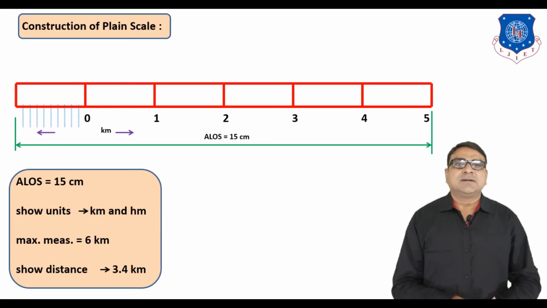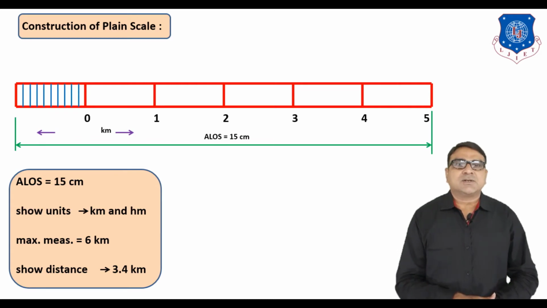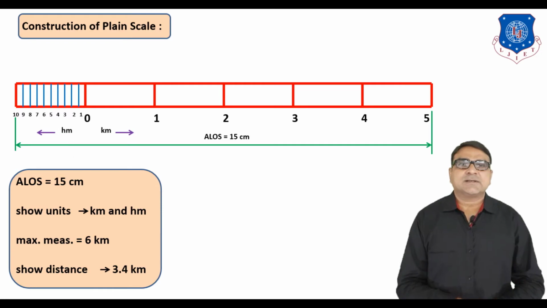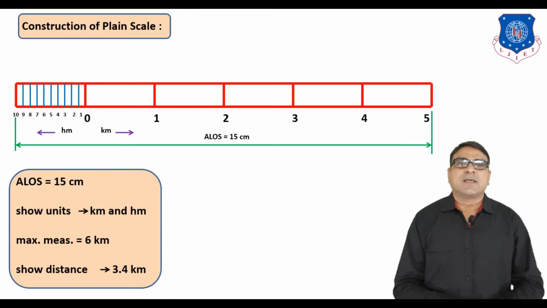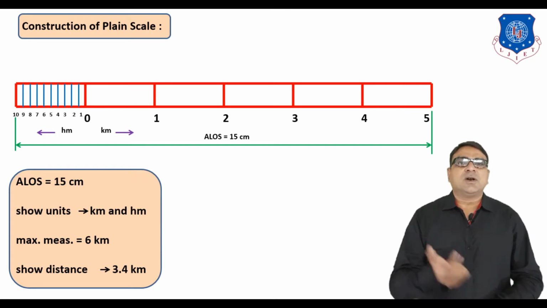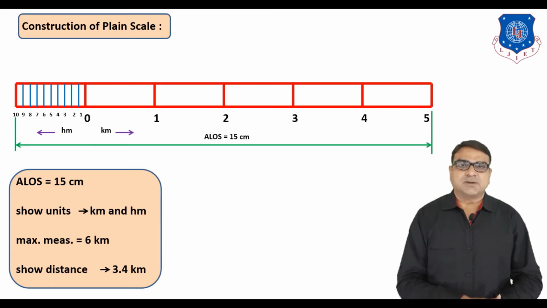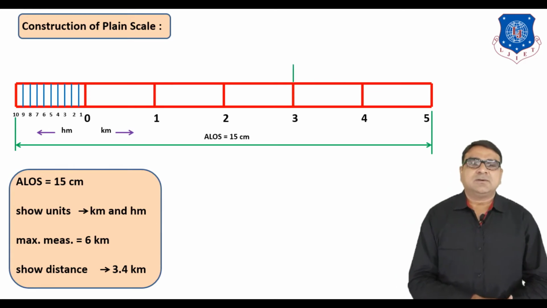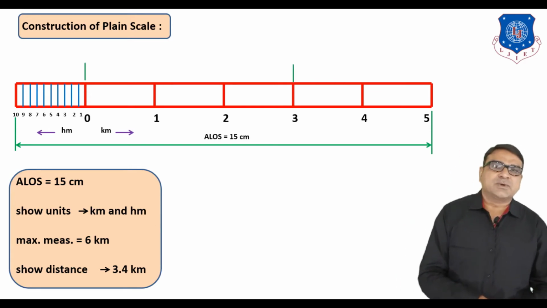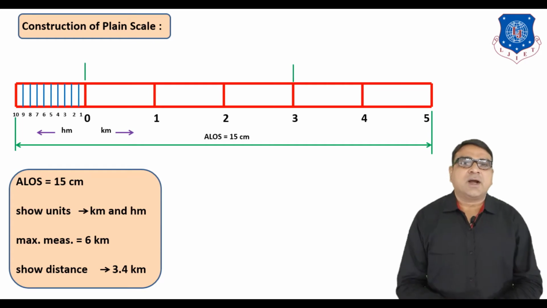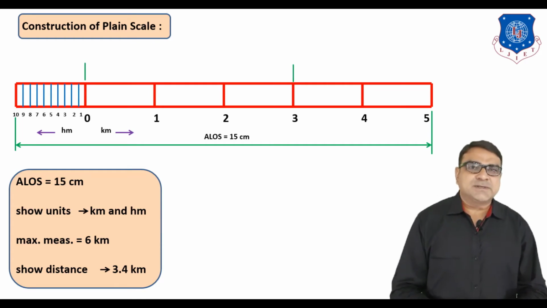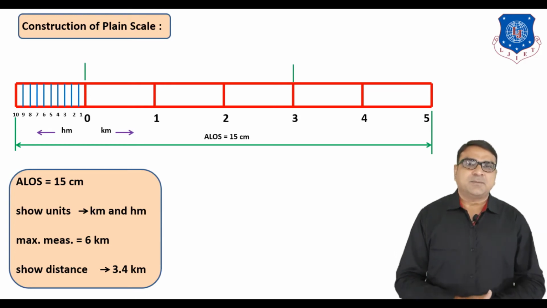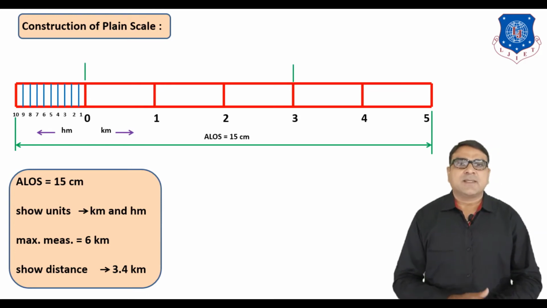So divide this first part also into 10 equal parts, which represent hectometers. So 1 kilometer is equal to 10 hectometer. On the left side, the small division represents 1 hectometer. Now our aim is to indicate 3.4 kilometer in our scale. So 3.4 kilometer means 3 kilometer plus 4 hectometer.